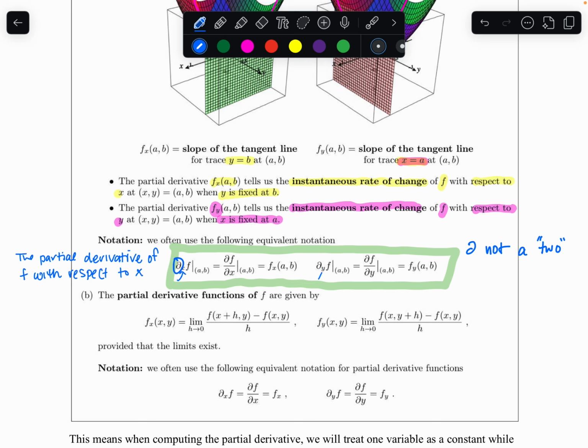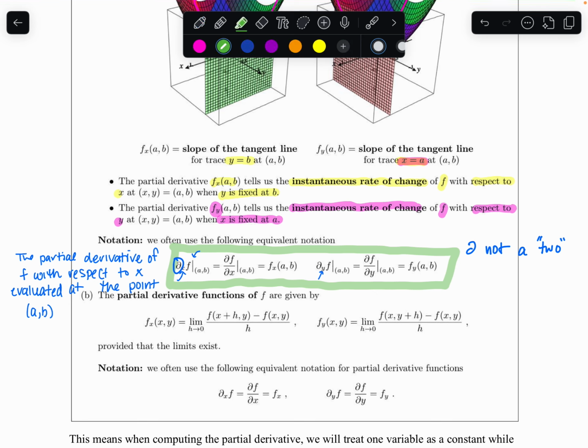The other one we have the partial derivative with respect to y. And then this AB, right? This line means evaluated at. So let's write that. Evaluated at the point AB. So kind of just unpacking the notation a little bit.